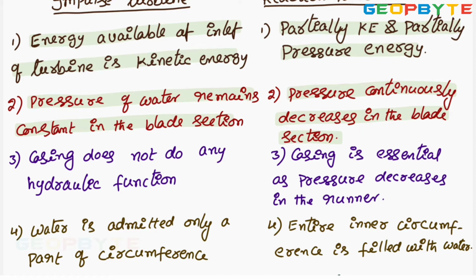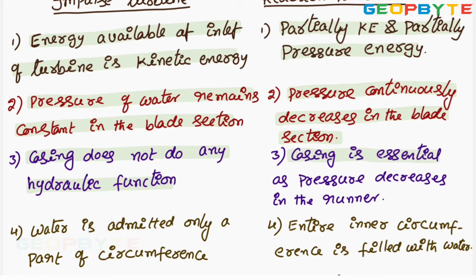Third difference: in the case of impulse turbines, the casing does not do any hydraulic function. The casing is just for stopping the spreading of water. Come to the reaction turbine. Casing is compulsory because the pressure of the water continuously decreases from the inlet to the outlet of the turbine.